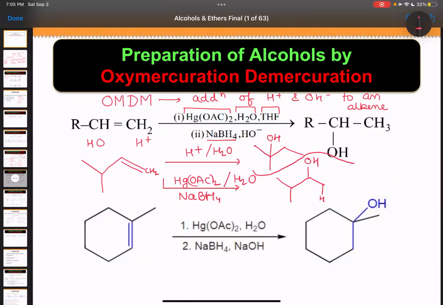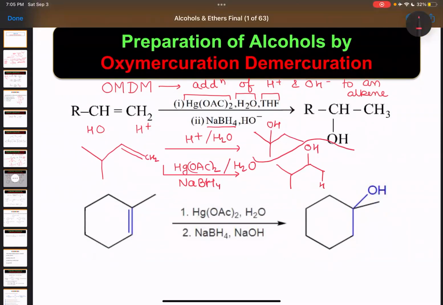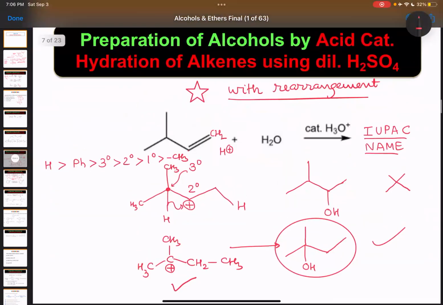So have you noticed a difference, Vamsi and Memuna? Yes, sir, can you explain it again? Yeah, actually we are going to do the Markovnikov addition, but rearrangements will not happen. Is it clear? Okay, sir. The rearrangements will not happen. For example, here we did the Markovnikov addition.